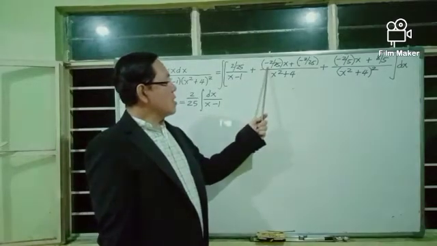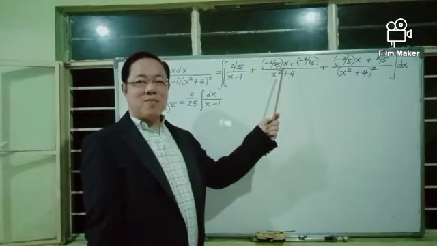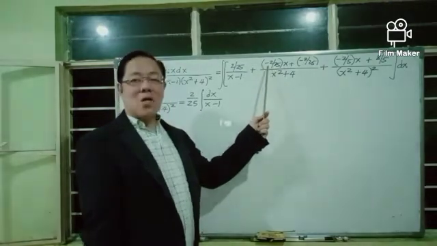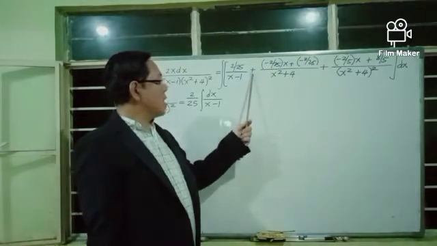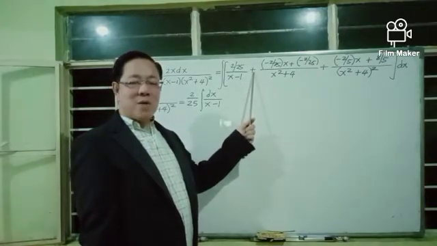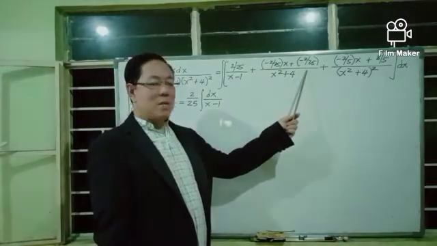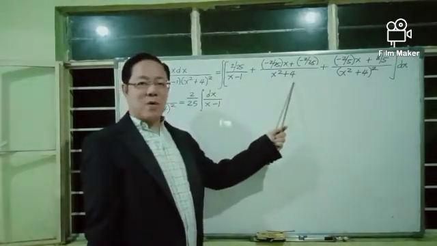You can see in the numerator of the second term that minus 2 over 25 is a common factor. So we factor out minus 2 over 25, and it becomes minus 2 over 25 times the integral of x plus 1 over x squared plus 4.